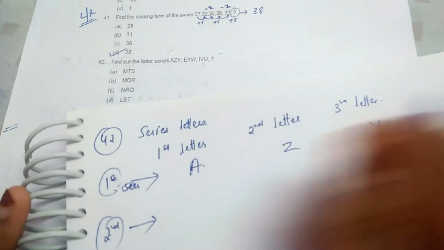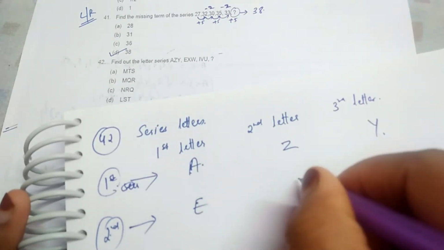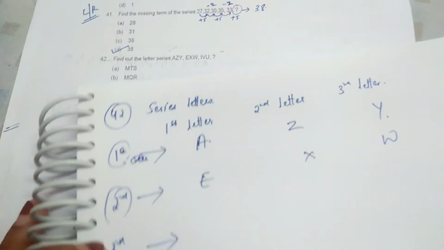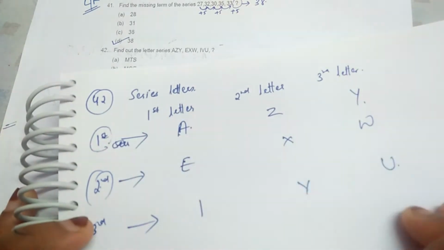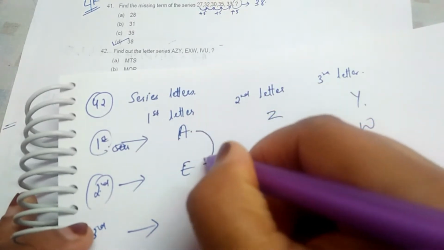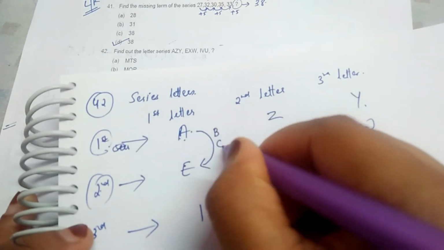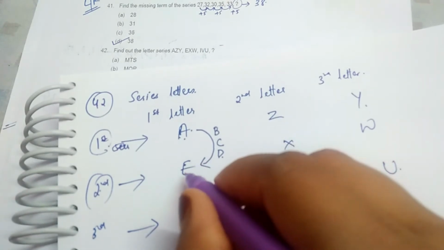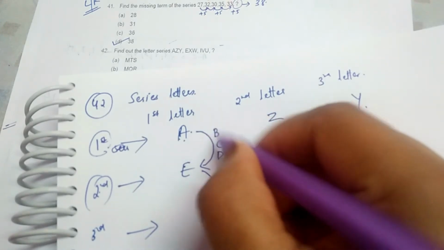Now write the second term in this pattern: that is E, X and W, and the third term will be I, V and U. So this is given, right? Now let's see the difference between the first letters. A is given, B, C, D are not given, and the next letter is E. Are they skipping 3 letters each time?